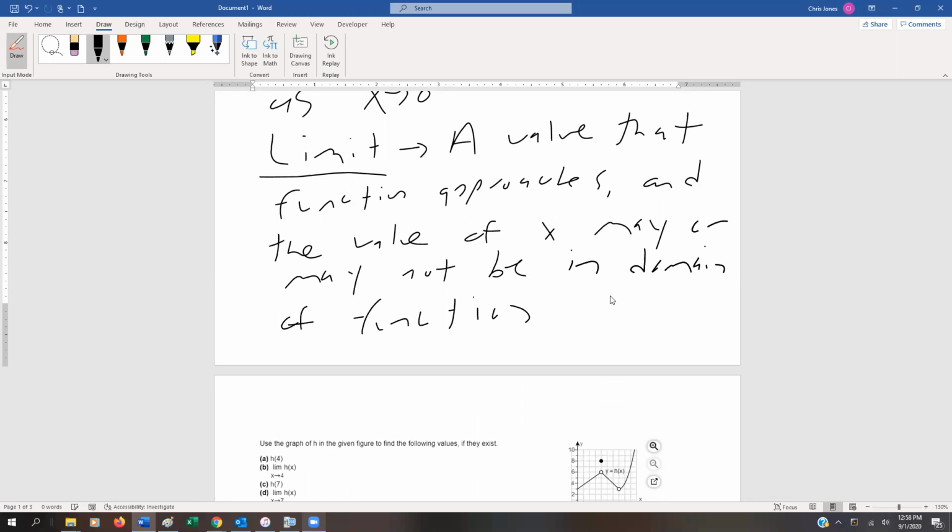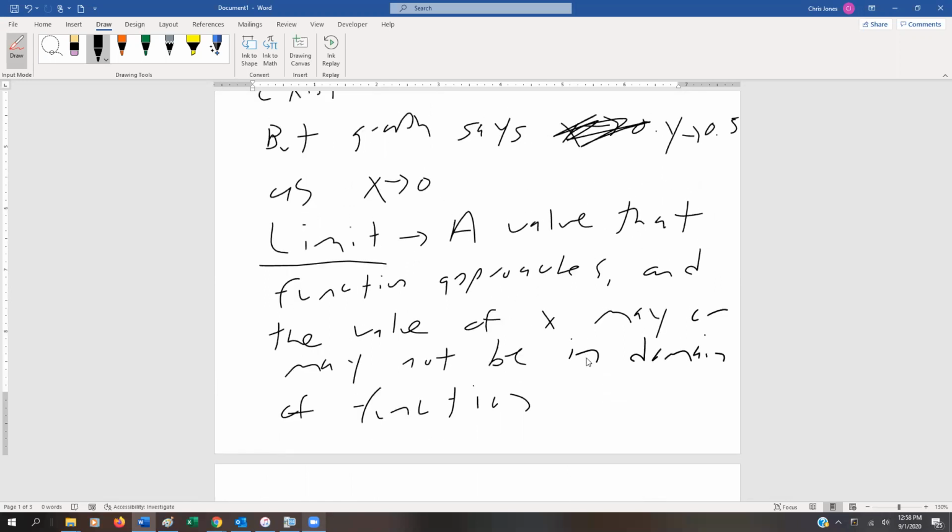So that's an important concept. In fact, a limit is one of the most fundamental concepts in all of calculus. We're going to be studying a lot about limits. In fact, the rest of this chapter 2 is all limits.